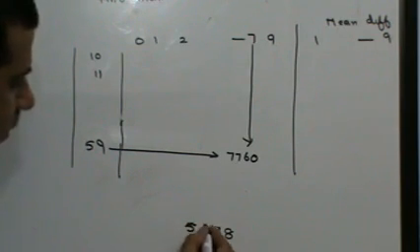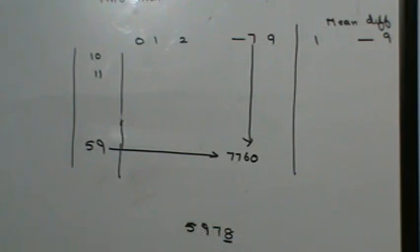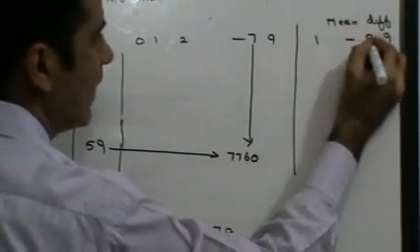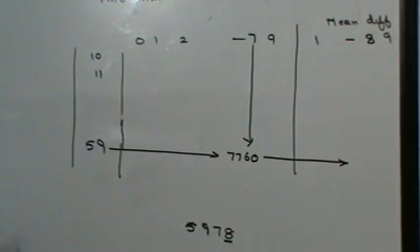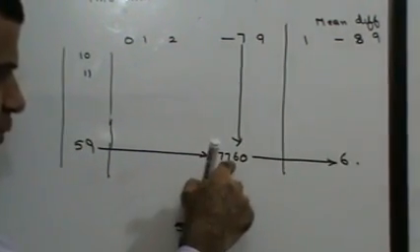Now the last digit is to be found in the fourth column. Mean difference 8. Here in this same row, find the mean difference 8. For mean difference 8, the number is 6. Add 6 to this.